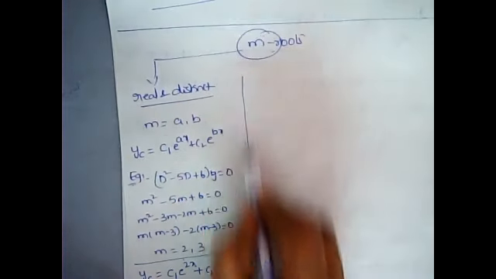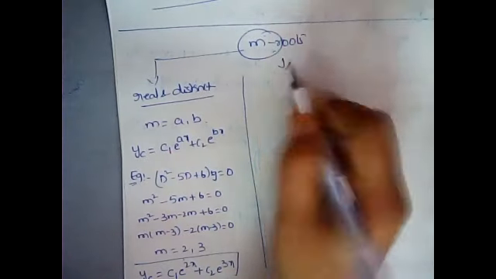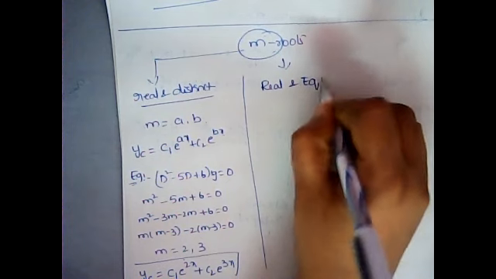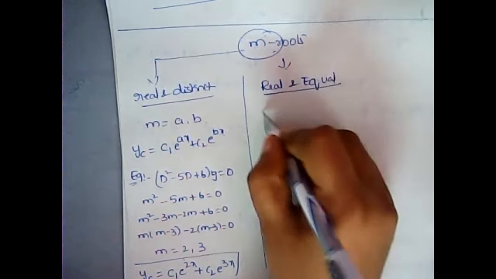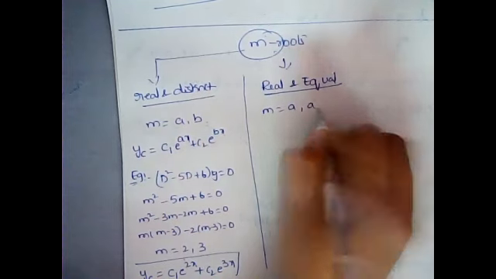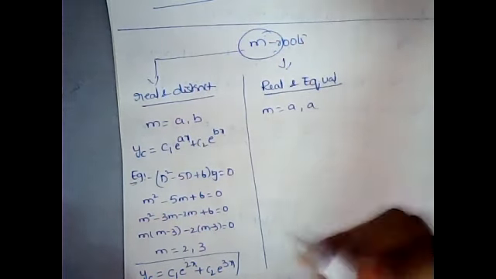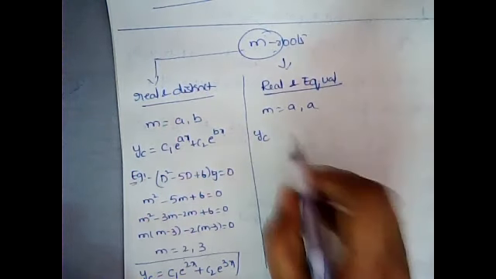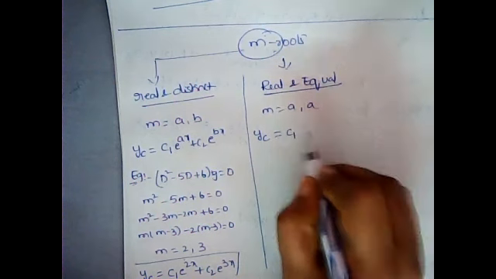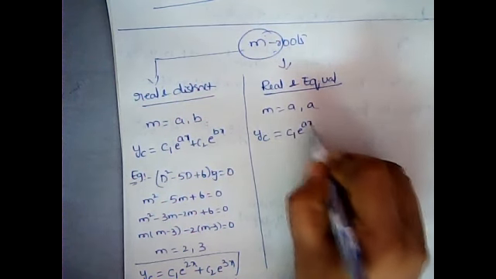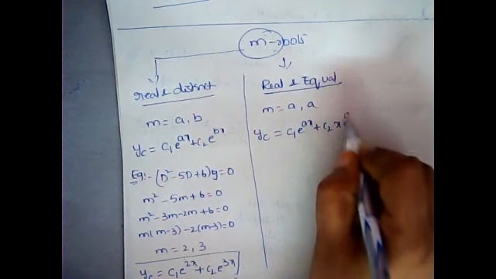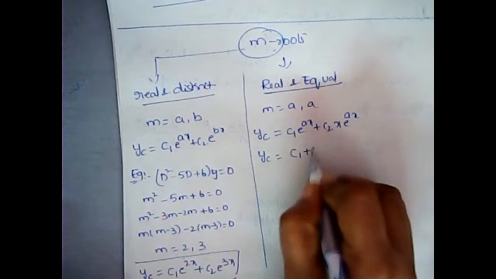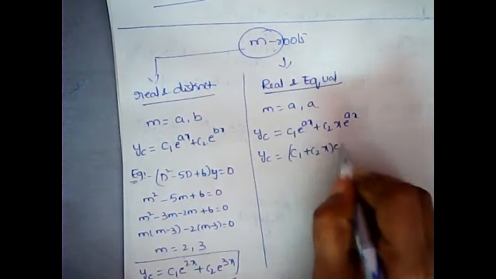Suppose we got the m roots as real and equal, that is, m roots as a, a. Then how are we supposed to take the yc? The complementary function yc will be taken as c1 e power ax plus c2 x e power ax, or else we can also take it in the form of (c1 plus c2 x) whole into e power ax.